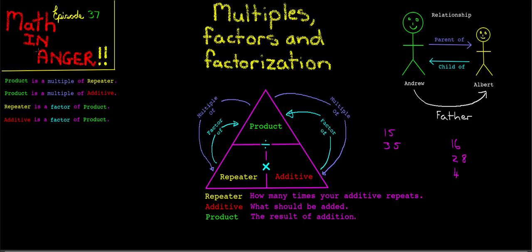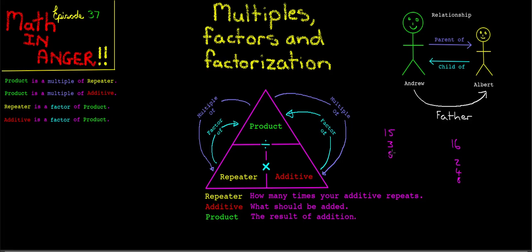So if you take a look at this, we have a list of factors for 16. And that list is 2, 4, and 8. Here, the list of factors for 15 is 3 and 5. All right?